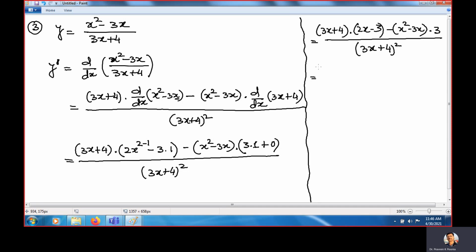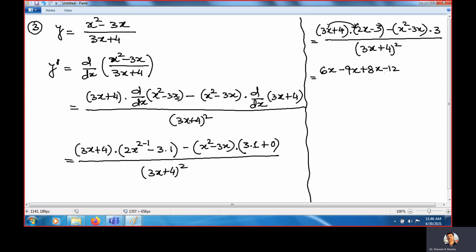Now if you want to simplify, 3x into 2x is 6x, 3x into 3 minus 9x, 4 into 2 plus 8x, 4 into 3 minus 12.